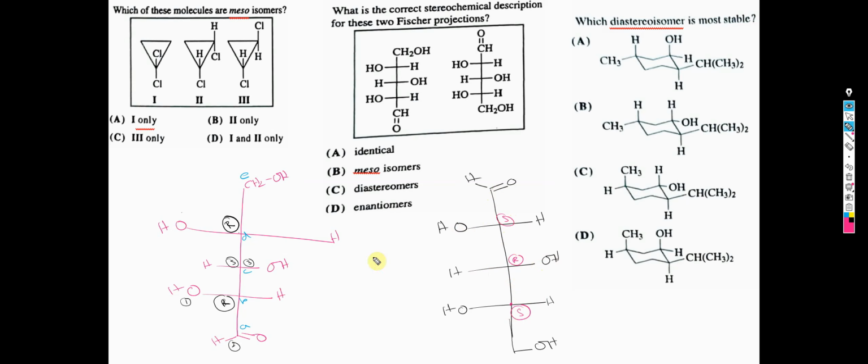So if you look at B, C, and D in the first molecule, B is R, C is S, D is R. In the second, B is S, C is R, and D is S. So RSR and SRS, therefore they are enantiomers.